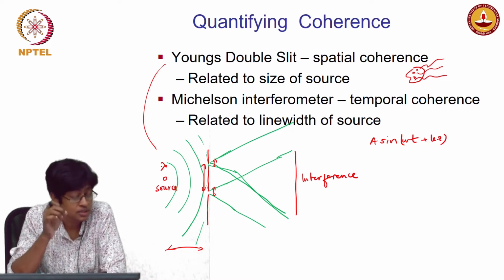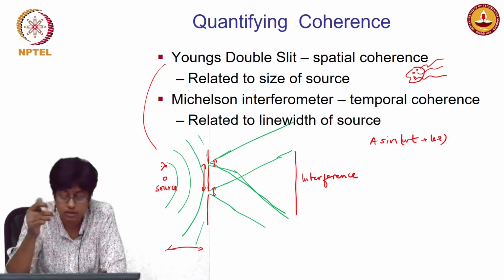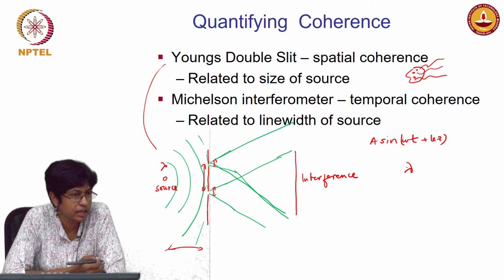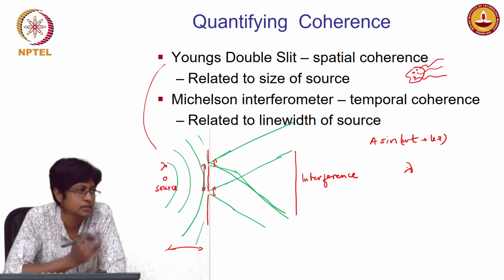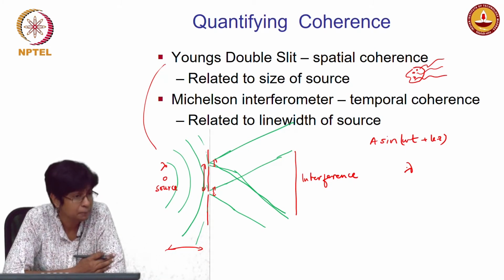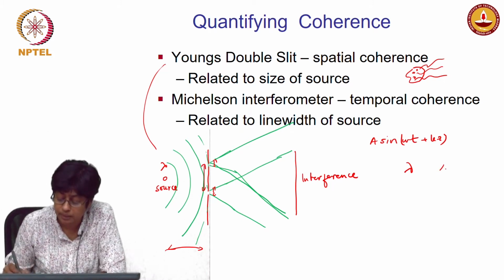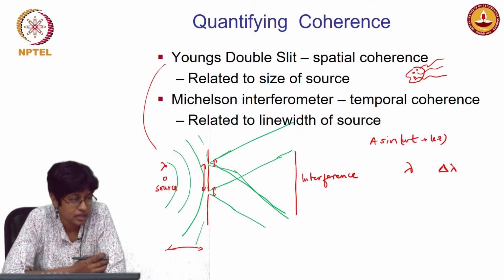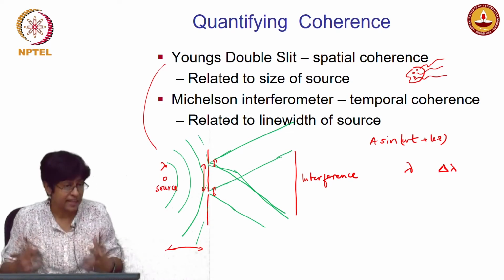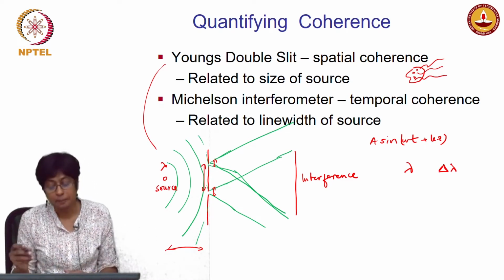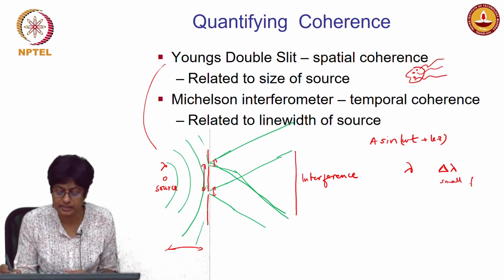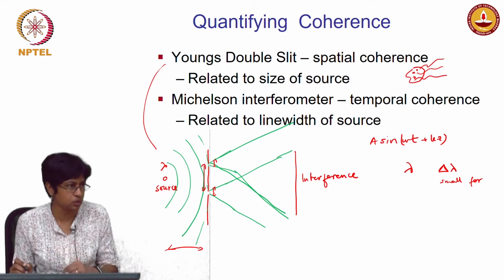Okay. Now, with any source, I may say that the wavelength of the source is 633 nanometers. But associated with that source will be a bandwidth, delta lambda. For a monochromatic source, the fact that I call it monochromatic means that delta lambda is small. And we'll put some numbers to that as we go along. Okay?